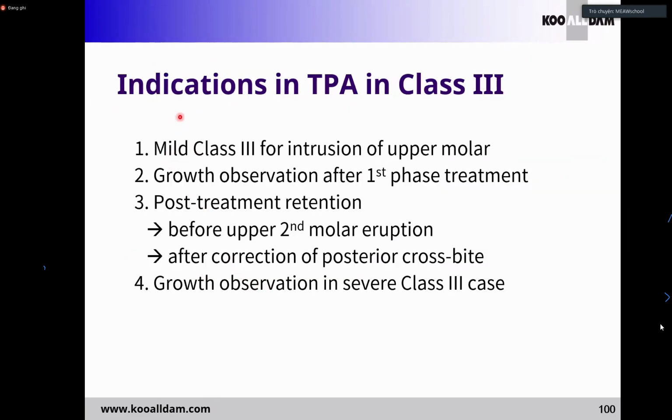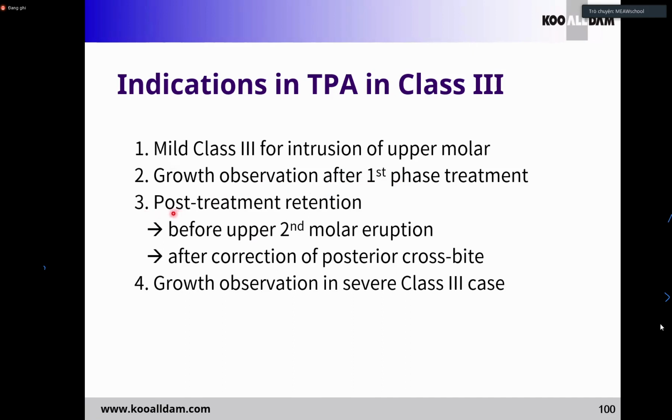So these are main indications in TPA in class 3 malocclusion. First, mild class 3 malocclusion for intrusion of the upper first molar. Second, growth observation after first phase treatment. So after correction of anterior crossbite and jumping out, during the growth, we may use TPA.